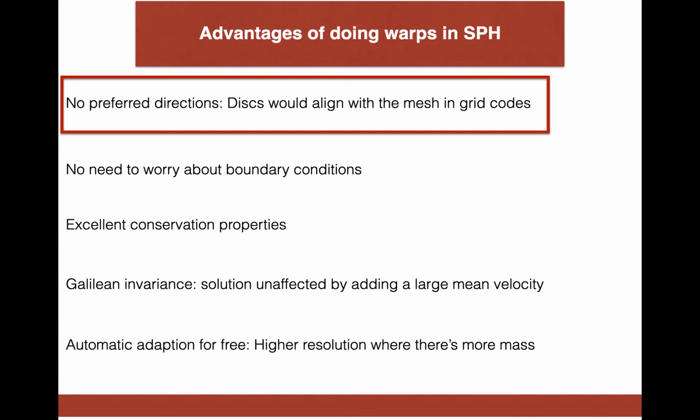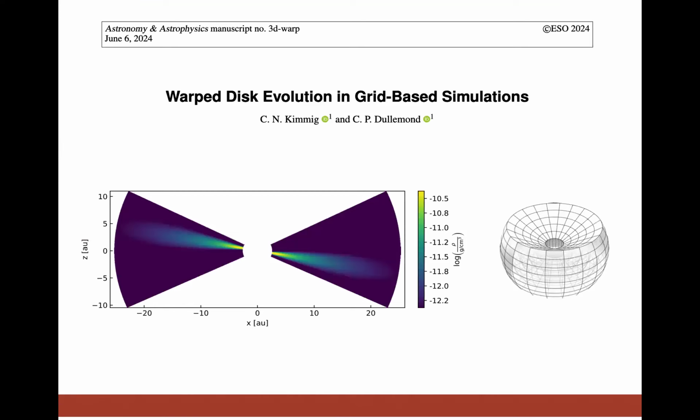But there's this paper last year by Kimmig and Dullemond, almost exactly a year ago, who started looking at that closely. They were looking at warped disks with FARGO3D, so a grid code, and that difference. The first thing they wanted to test is exactly that.